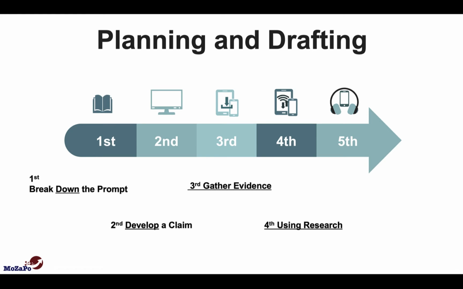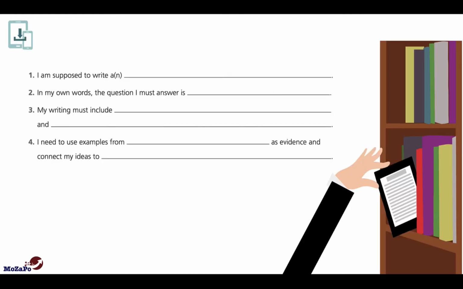You have to do some research on Google, on different resources to collect data and evidence. And finally, you have to draft, and you have to write your final draft. Let's go over these 5 stages one by one.